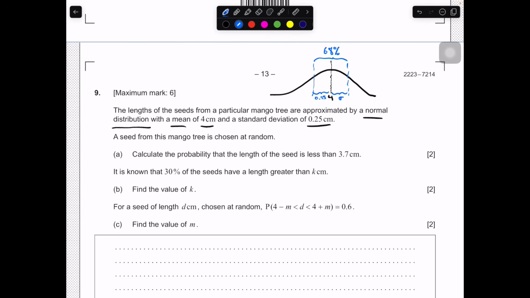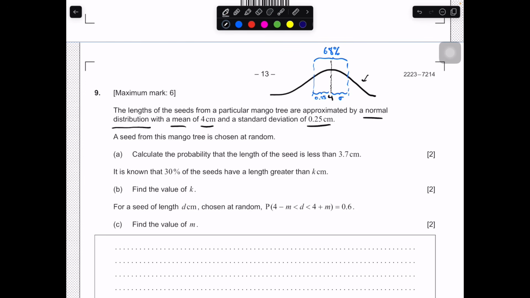Small standard deviation tells us that we're tightly clustered about the mean. Larger standard deviation means we have something that is more spread out, distributed further away from the mean. It would be flatter, our standard normal curve.